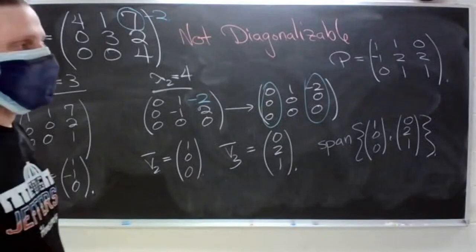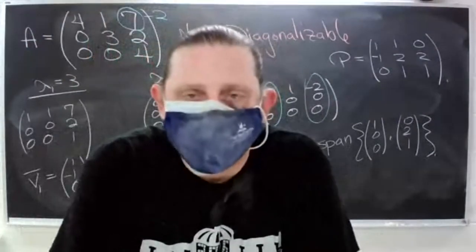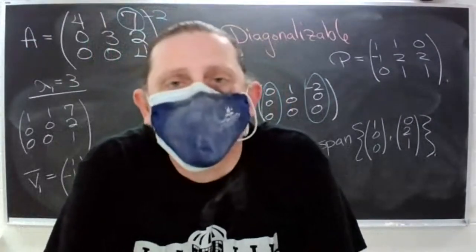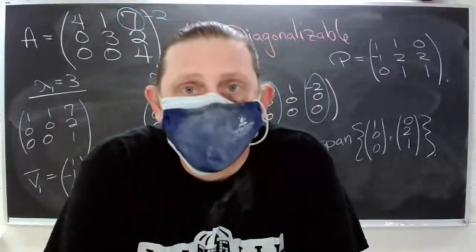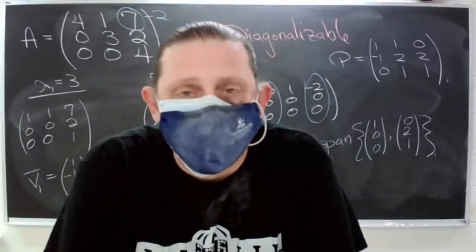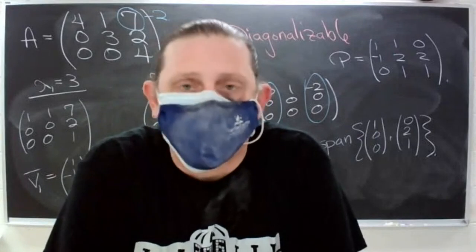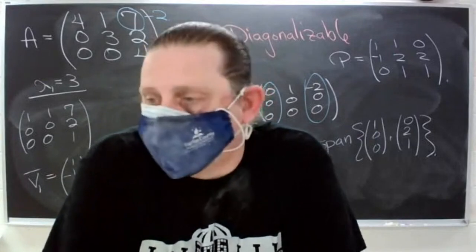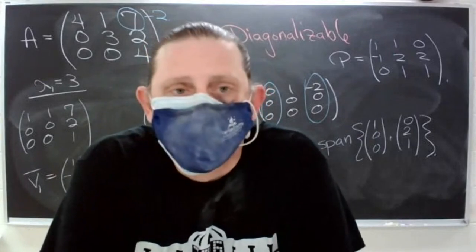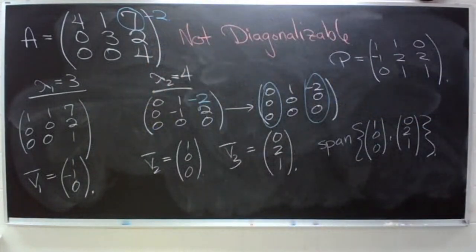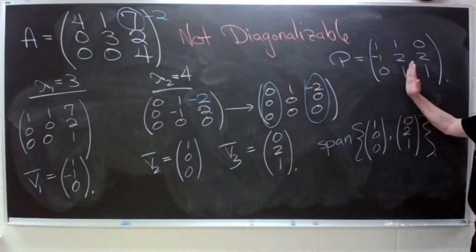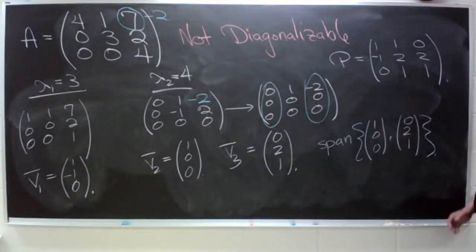So just like in the last example, we could multiply by 2 or negative 3 or whatever. If I have an eigenspace with dimension greater than 1, I can use linear combinations of my eigenvectors as well, as long as I have 3 linearly independent eigenvectors.